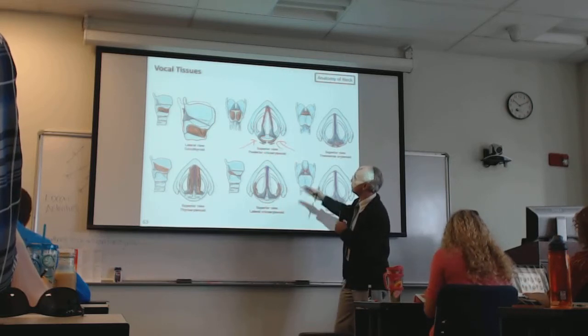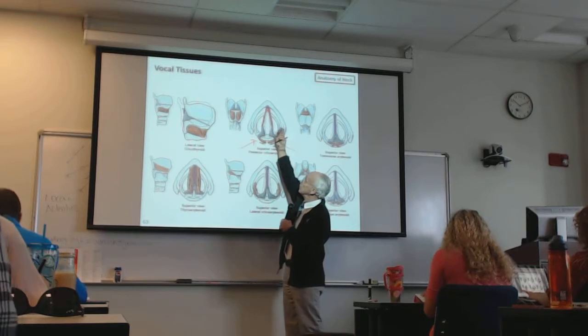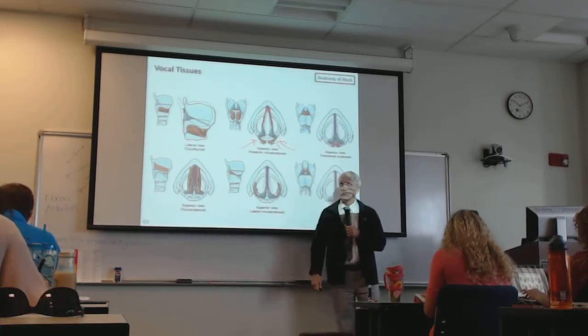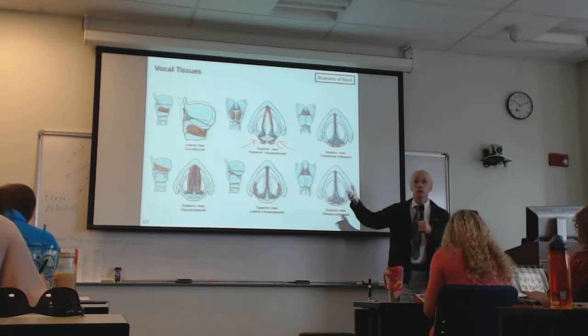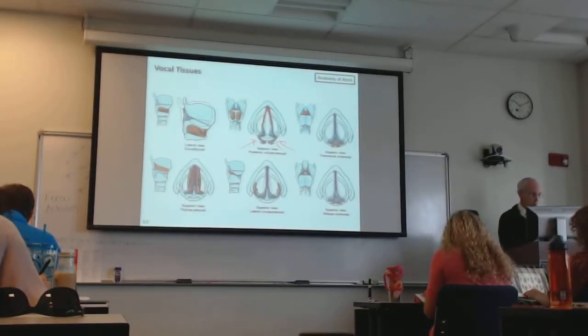They have the ability to move laterally, and they have the ability to move back and forth. And so that adds considerable variation, and of course, once again, it's those intrinsic laryngeal muscles that are responsible for changing the relative position of these cartilages.